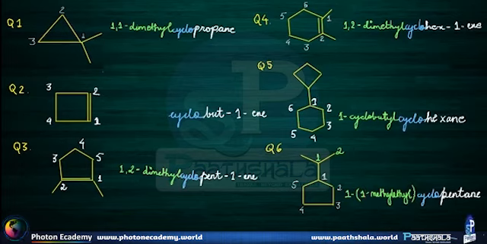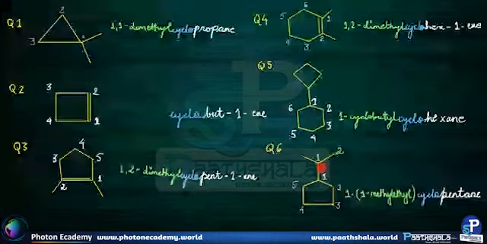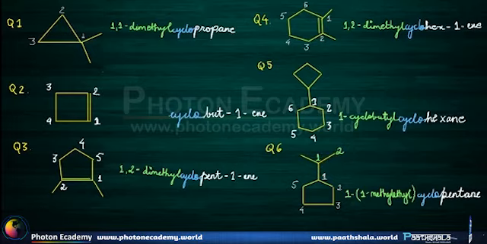Now if I see the bracket part, what it says is that the complex substituent is present at first position. So on the first position, there is a methyl group over the complex ethyl substituent. So this is the correct IUPAC name for this compound.